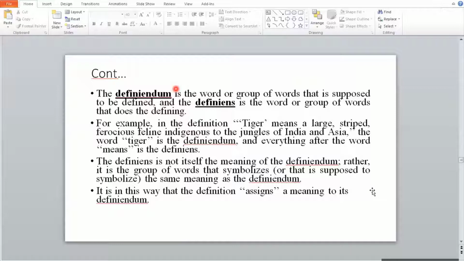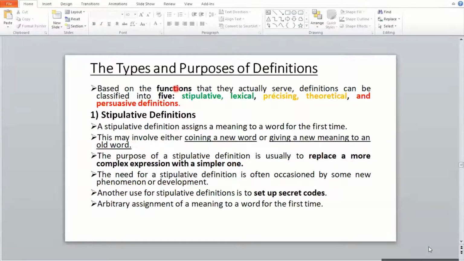So if we have this understanding of the definiendum and the definiens, let us look at the types, the categories of definition and their purpose. What is their aim or their objective?